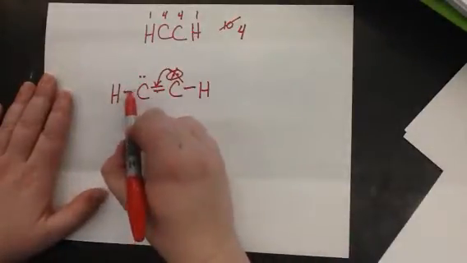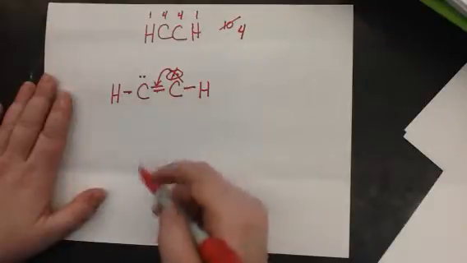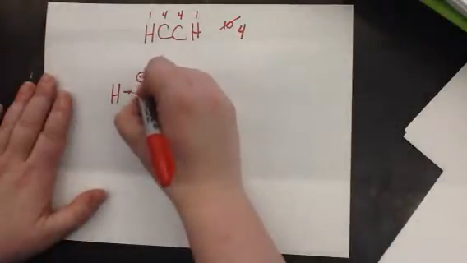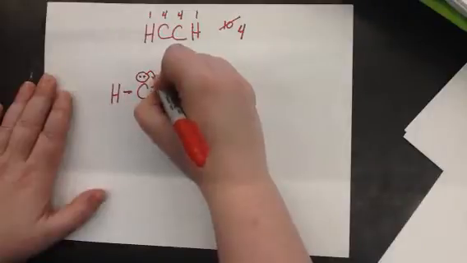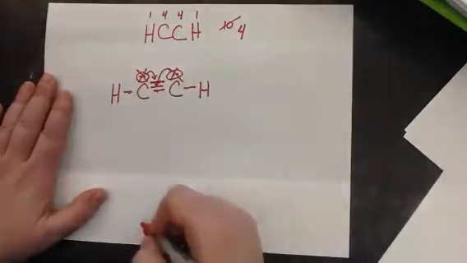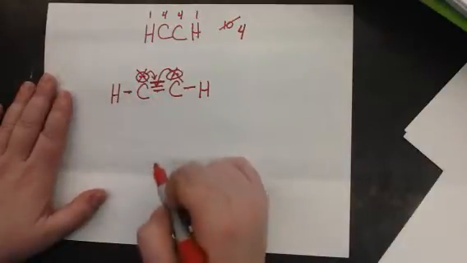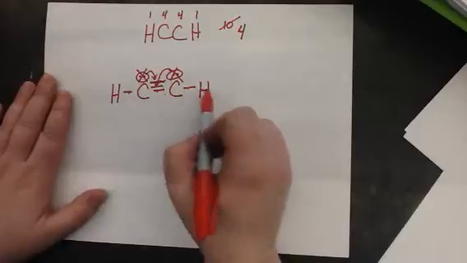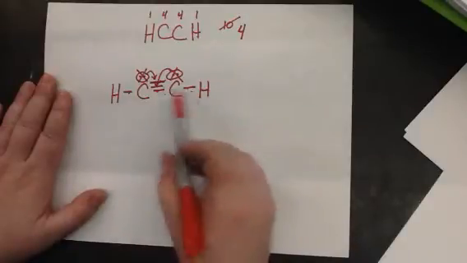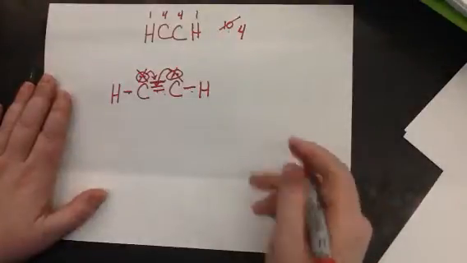So this carbon now has 2, 4, 6, 8, but this carbon still only has 6. So then this lone pair is going to get moved in to form a triple bond and is no longer a lone pair. And we have 2, 4, 6, 8 on that carbon and 2, 4, 6, 8 on that carbon. The hydrogens are happy, and again we've used a total of 10 electrons.